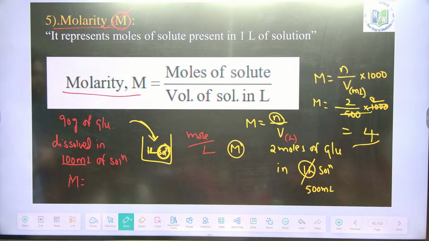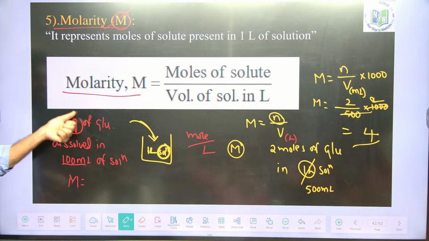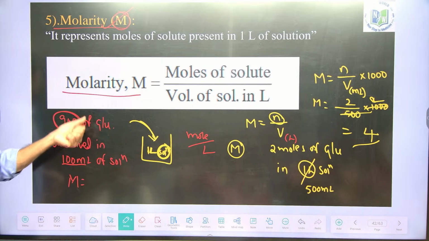What is the answer? Fast. So what is the molarity formula you got? Number of moles by volume. Here I have given 90 grams. Now convert that into how many moles?